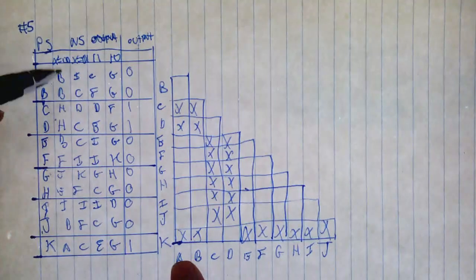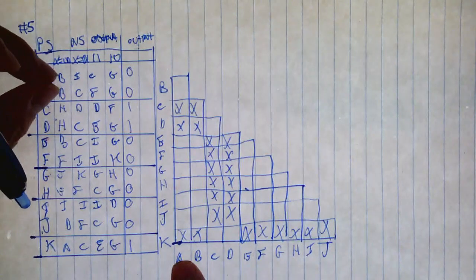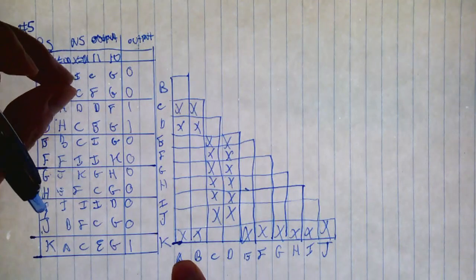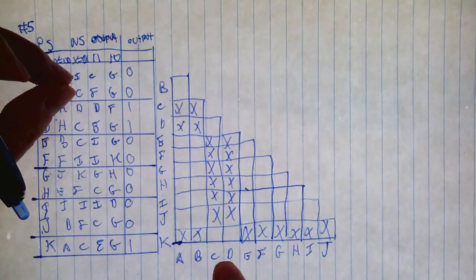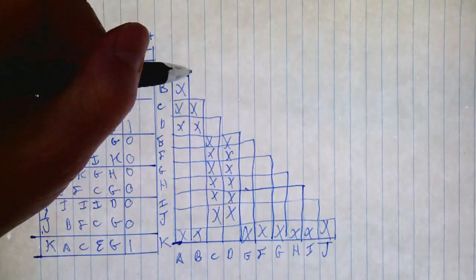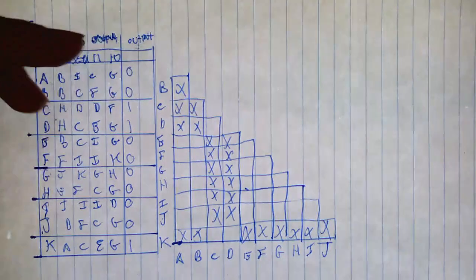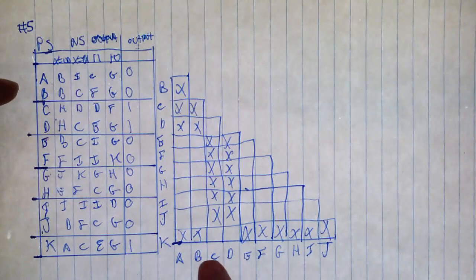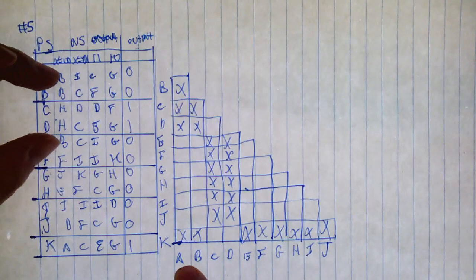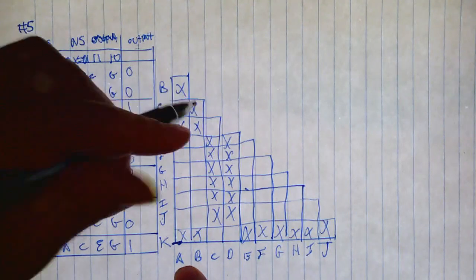Now let's compare A and B. A and B are true if B equals B, and it does. If C equals I, it does not. Let's see now. A equals E requires that B equal B and C equals I, but that doesn't work.